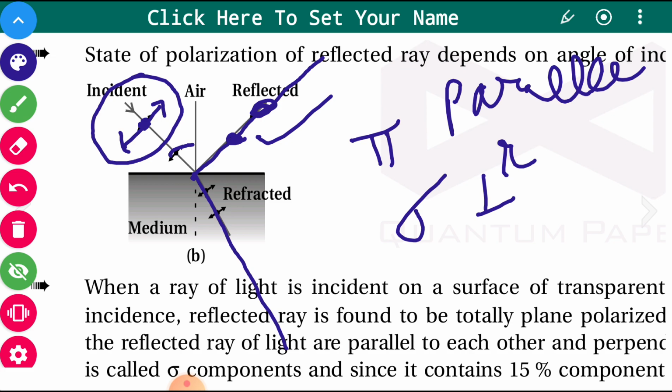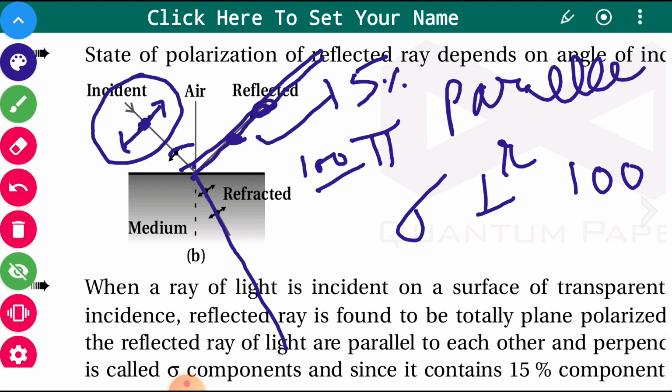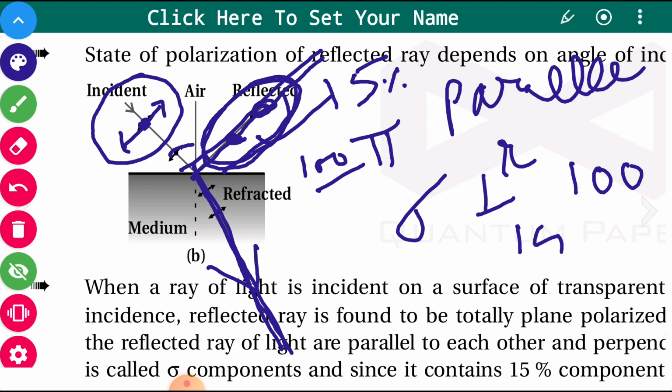Out of say 100% sigma components, only 15% are reflected, and all the pi component, meaning 100% of the pi component, will go in the refracted light.